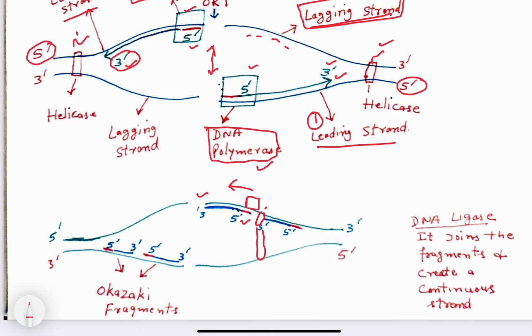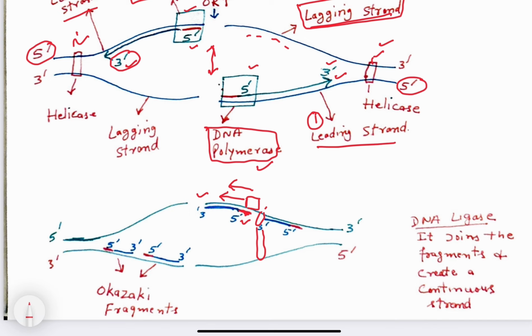And RNA primer, which is this red section, is already been made by RNA polymerase. So before DNA polymerase joins to this location, RNA polymerase already had this primer made for DNA polymerase to start doing that replication. And then it starts moving in this direction.